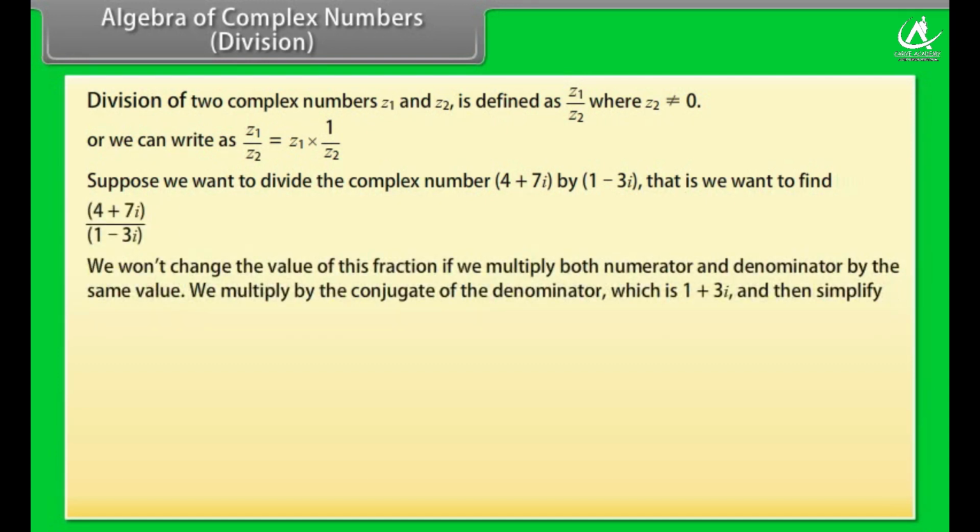We won't change the value of this fraction if we multiply both numerator and denominator by the same value.